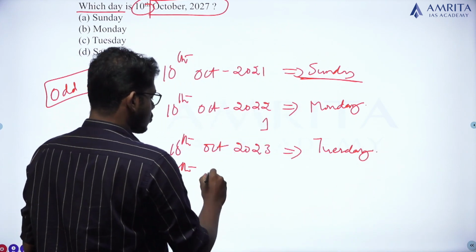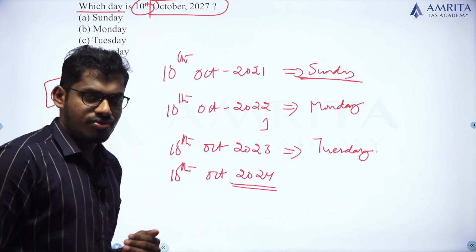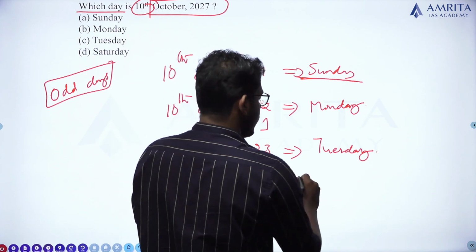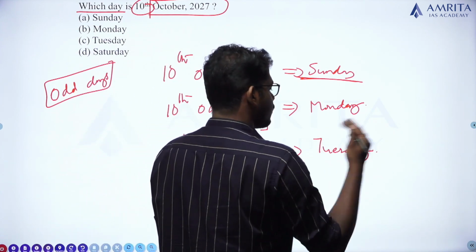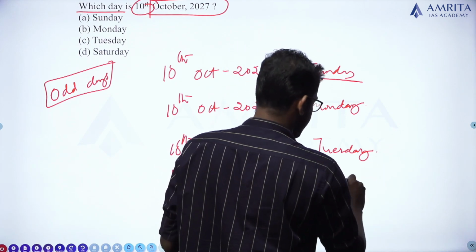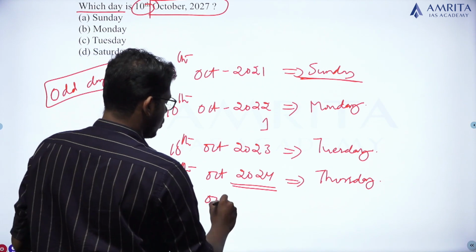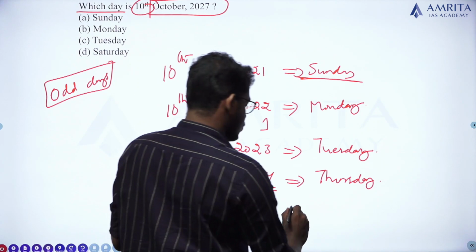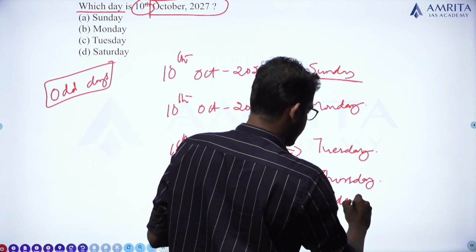Then 10th October 2024, the year 2024 is a leap year, so it has 2 odd days. So the day will fall on Tuesday plus 2, that is Thursday. Then 10th October 2025, the year contains only 1 odd day, so the day falls on Thursday plus 1, Friday. Clear?